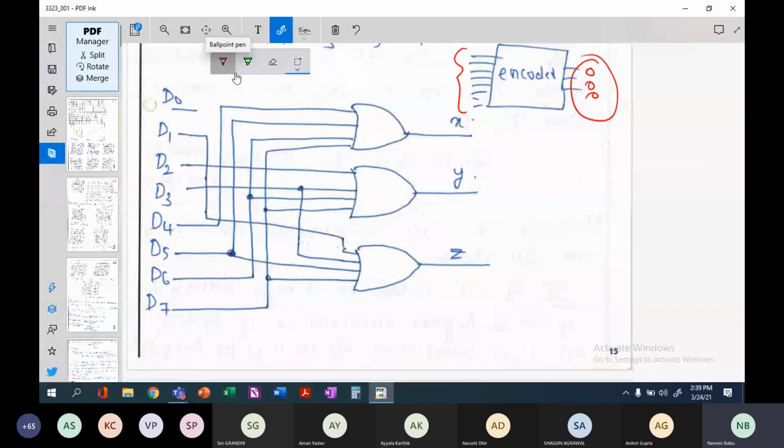So in this, my 3 is 1 and 6 is also 1. Let us assume that this is 3 and this is 6. If 3 is 1, this will be 1. This is an OR gate, right? So I will have 1 here.